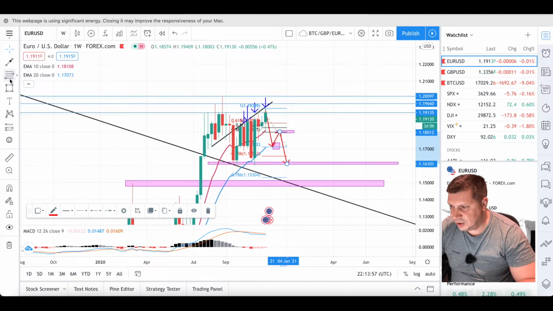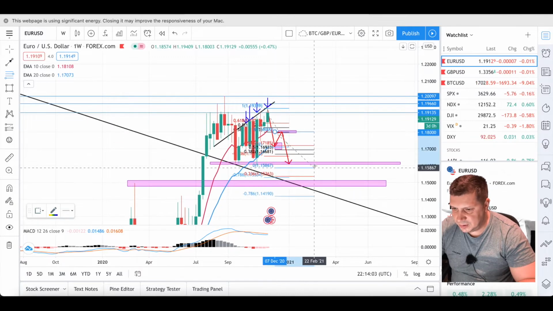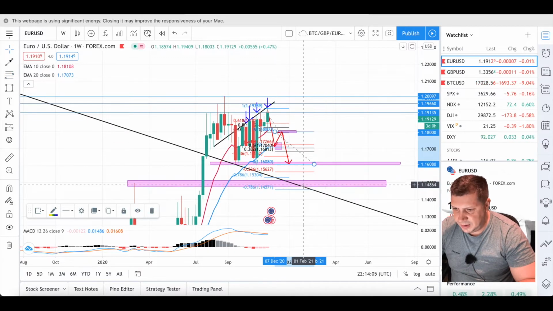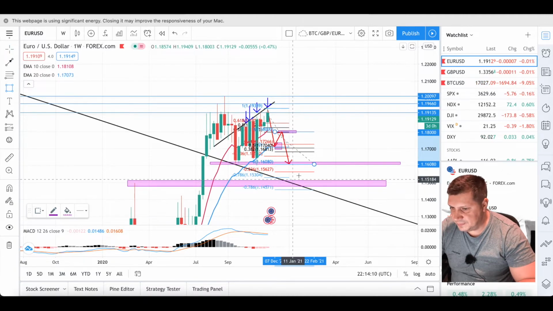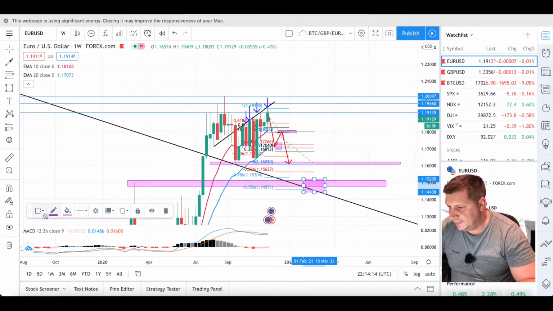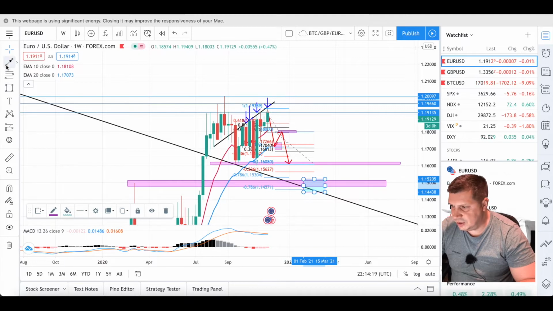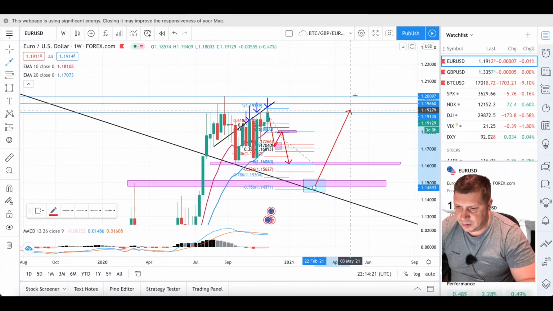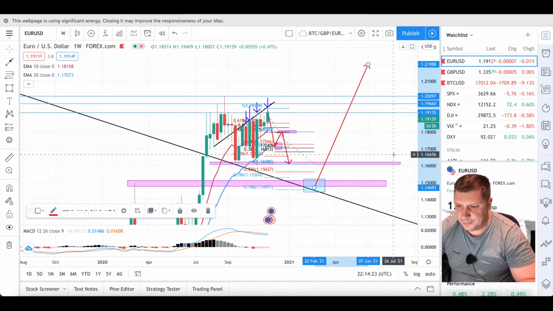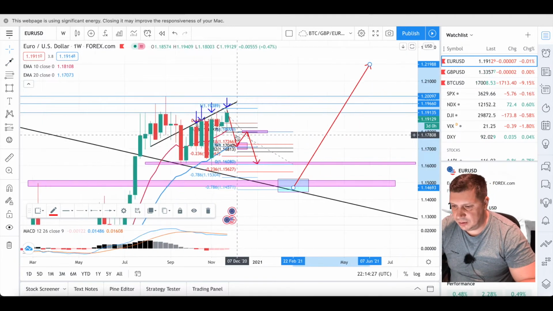Then we can measure again Fibonacci from this point, down here, and then we see that our target 2 is around this area. So this is a very important area where we should expect a very strong rejection, and starting from this point we will go up.